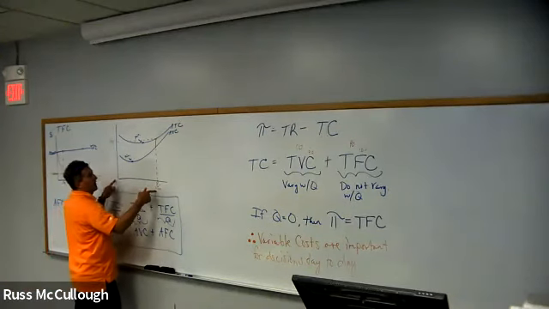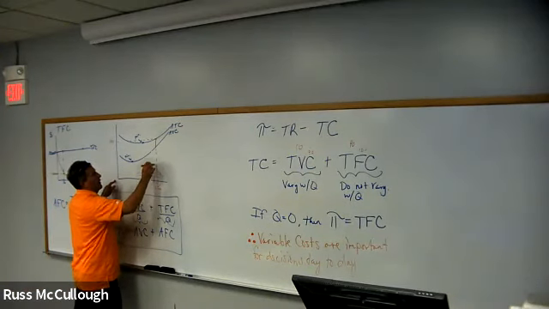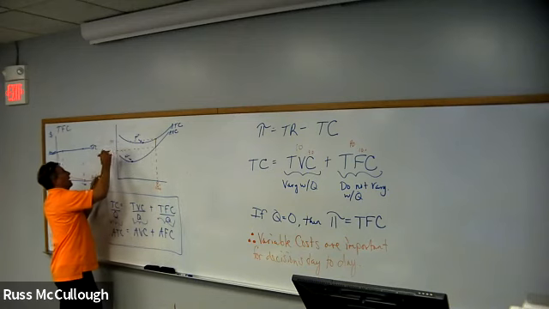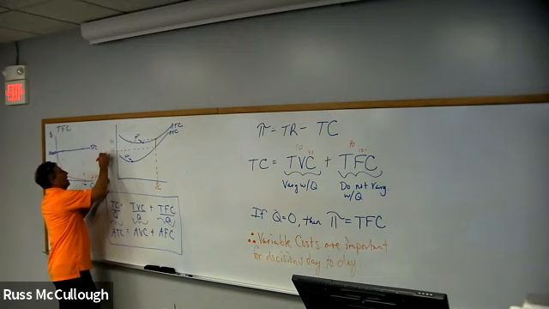My average variable cost per unit, I go up to the average variable cost curve, hang a left, and my average variable cost is $8 per unit.